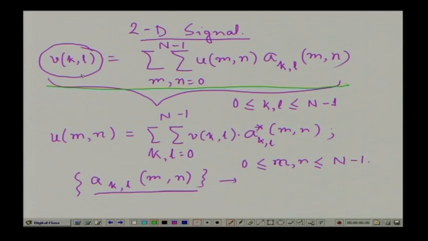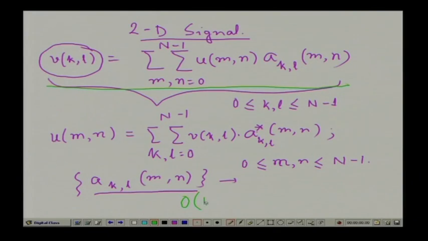So, to find out a single coefficient V k l, we have to have of the order of capital N square complex multiplications and additions, and because this has to be computed for every V k l, and we have capital N square number of coefficients, because both k and l vary in the range 0 to capital N minus 1, and for computation of each coefficient we need capital N square complex additions and multiplications, the total amount of computation needed in this case is of the order of capital N to the power 4.